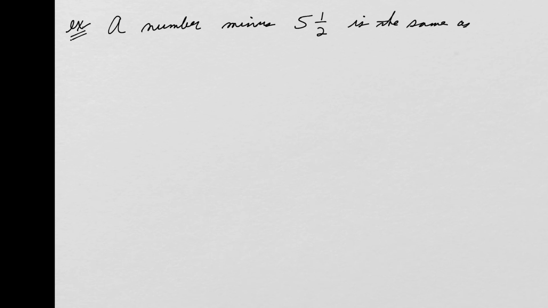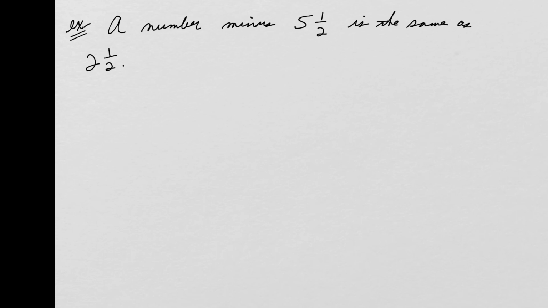Okay, let's see. A number minus 5.5 is the same as 2.5. So I want to translate that into an equation and then solve it.